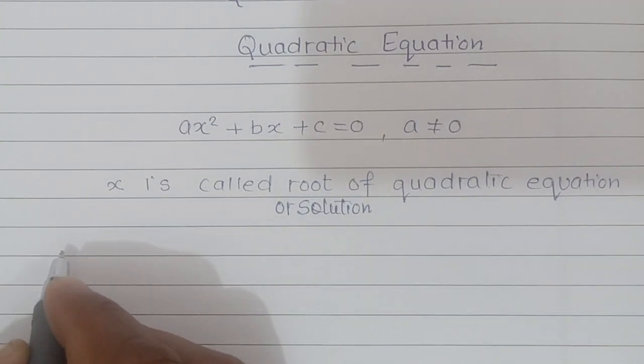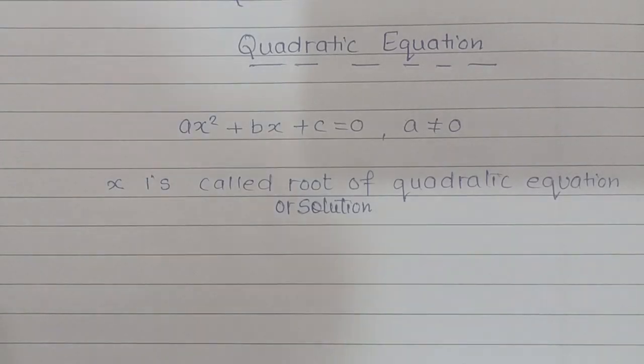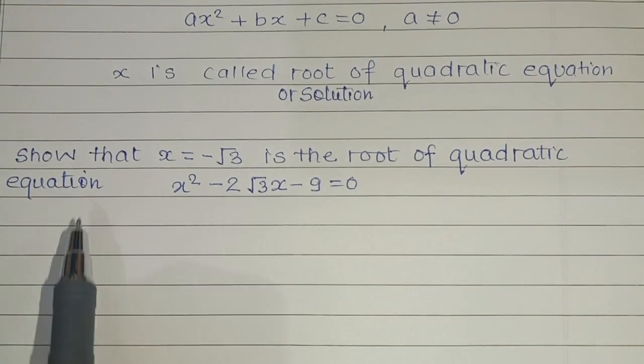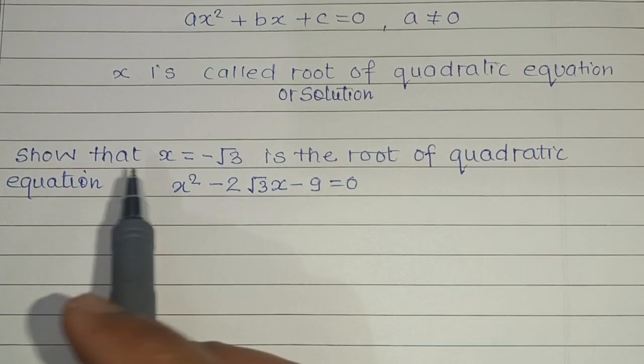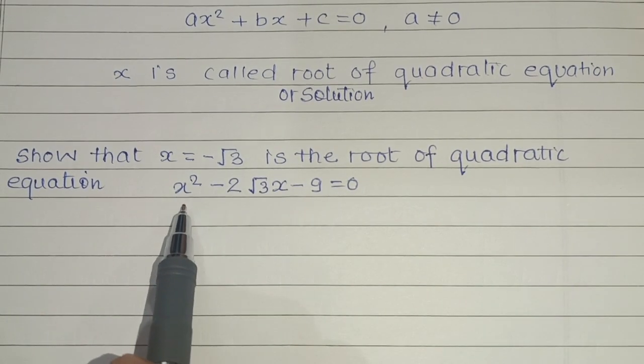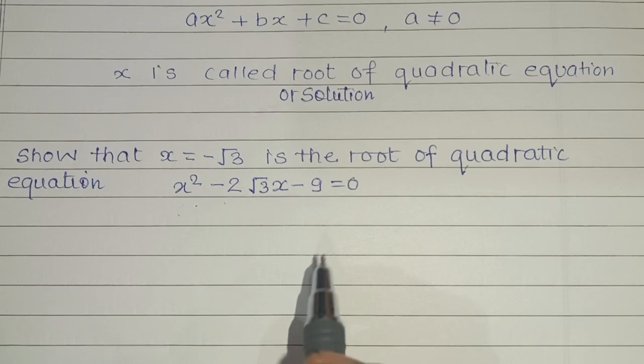Let's discuss a question. The question is saying that show that x is equal to root 3 is the root of quadratic equation x square minus 2 root 3 x minus 9 is equal to 0.